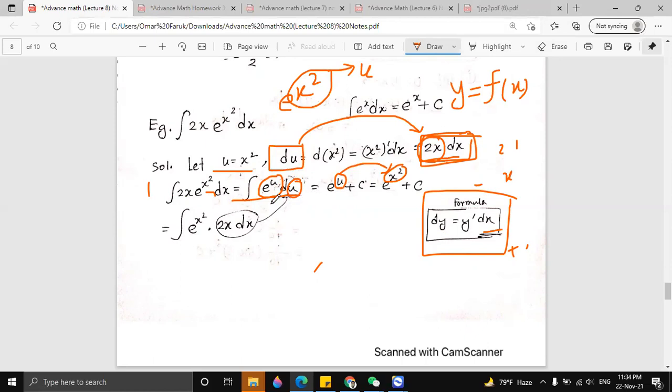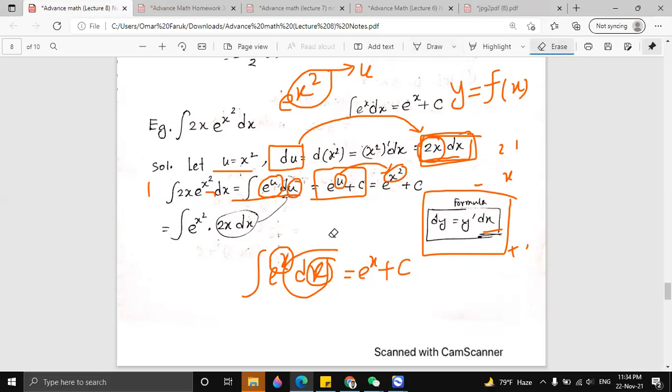This du is calculated here, e to the power u plus c, because you know the integration of e to the power x dx, right? Here we have x, and here we have also x. So we write it e to the power x plus c, right? So this dx gets vanished by the formula. According to this formula, du is vanished. Am I right? Yes, right.